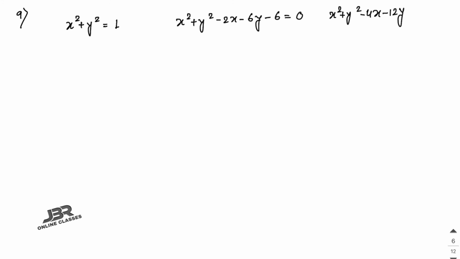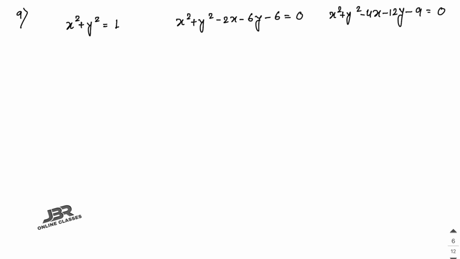Now next, sum number 9. This is the last sum for this video. Prove that the radii of the circles, the first one x square plus y square equal to 1, second one x square plus y square minus 2x minus 6y minus 6 equal to 0, and third one x square plus y square minus 4x minus 12y minus 9 equal to 0, are in AP.